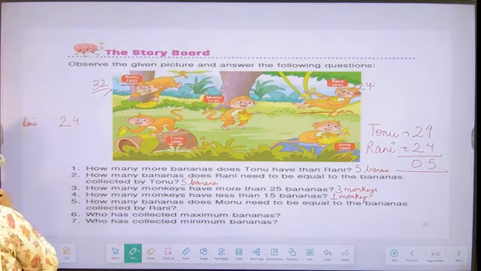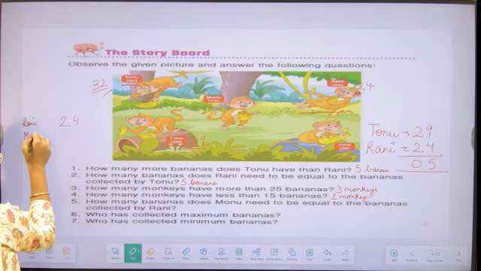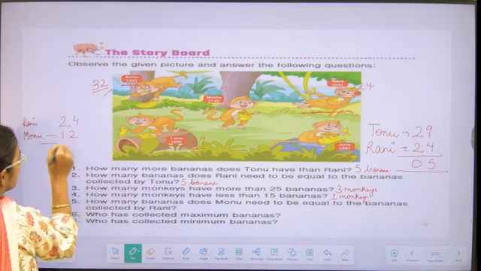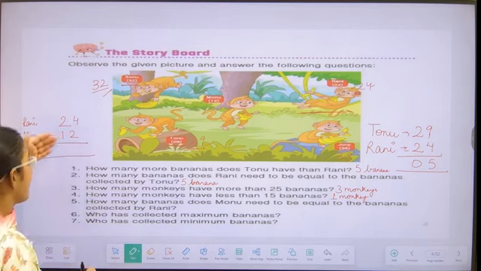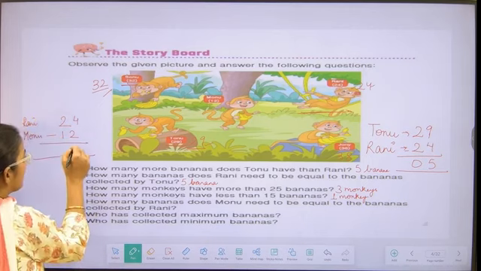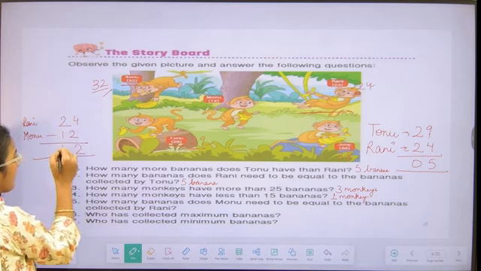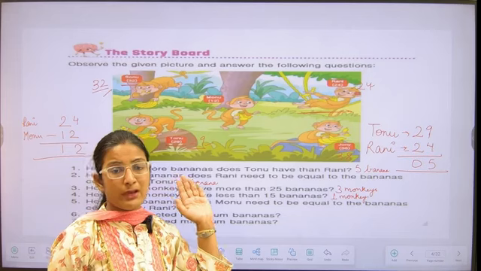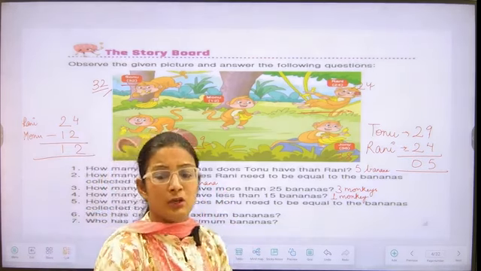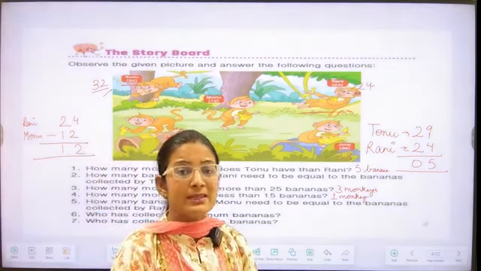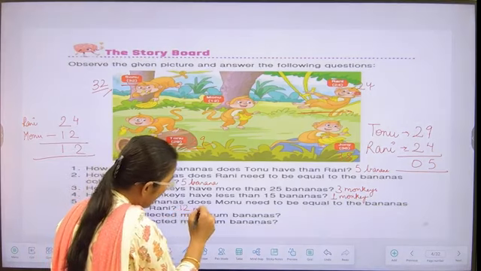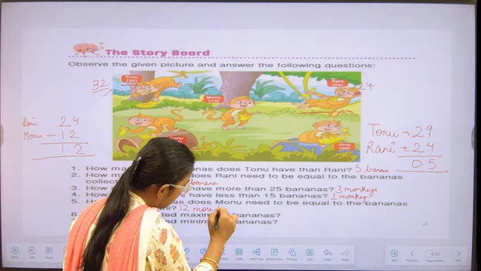So we are writing Rani. And Monu has 12 bananas. So we have to write 12 for this. Now if I subtract 2 from 4, I get a 2. And 1 from 2, I get a 1. So what have we seen? Monu has to collect 12 more bananas to be equal to Rani's bananas. So we have to write 12 here. 12 more bananas.